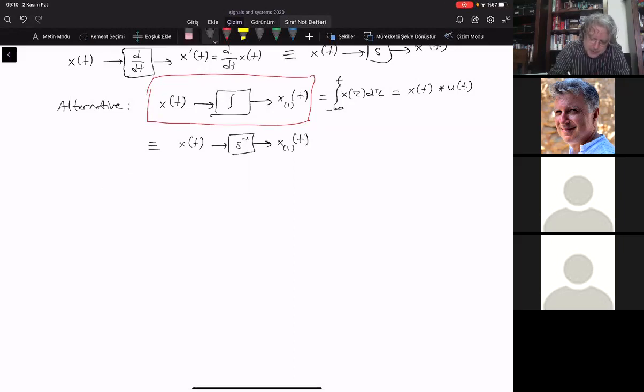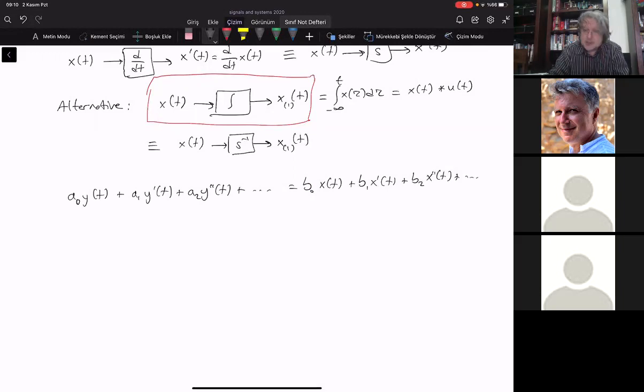I will start from the output side. a0 y of t plus a1 y prime of t plus a2 y double prime of t plus blah blah is equal to b0 x of t plus b1 x prime of t. By putting prime, I mean the first derivative. The double prime is the second derivative, etc. b2 x double prime of t plus etc.